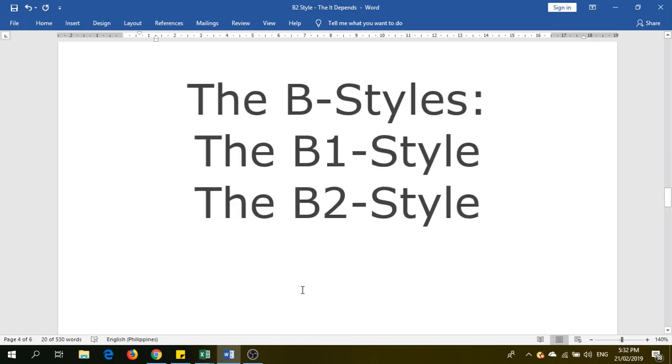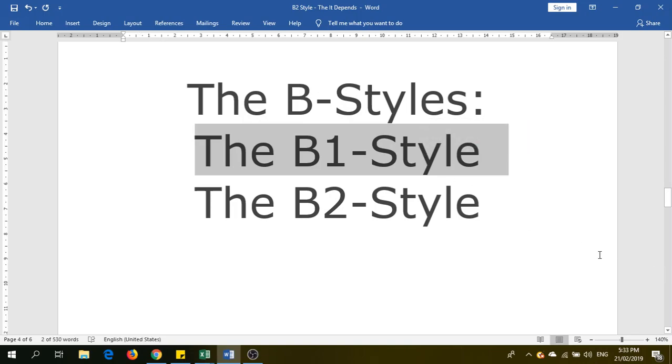So again, since the students raised the question as to whether it's possible to argue for both sides of the issue at the same time, that prompted an investigation, and that led to the creation of the B1 style. And remember, we already have the A1 style, and after that is the A2 style.